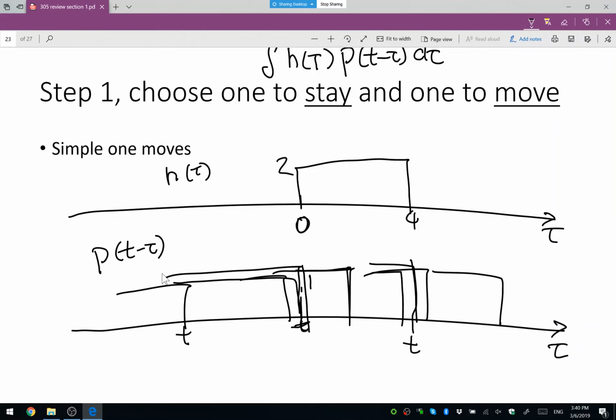So from this 0 to this 4 is another range. After that, t continues to the right and is not going to touch any boundary. So everything after 4 is another range.